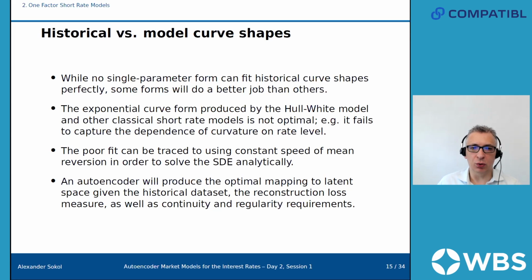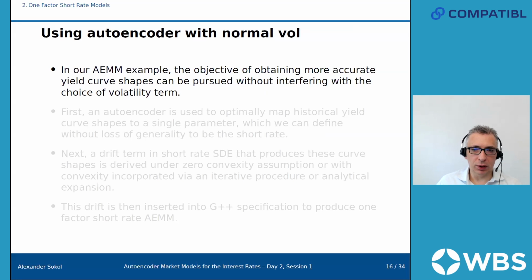So we use the autoencoder to find the best way to pack or compress curve shapes into one-dimensional latent space, and then we're going to write the model using this latent space. So that's the promise. All right, we can do that, as it turns out, without interfering with the choice of volatility term. And it works, don't touch it. That's kind of the philosophy, right?